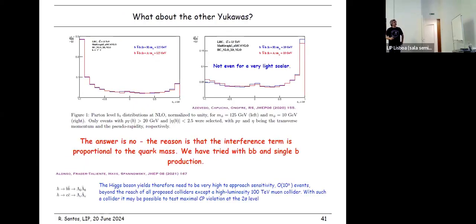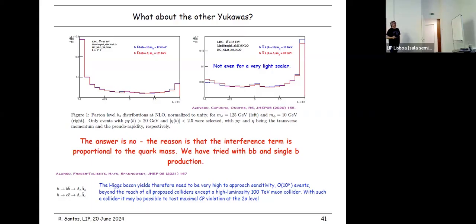Okay, so now you could ask, okay, what about the other fermions? Because from the point of view of a particle physicist, this seems very poor, right? We have done the top and we have done the tau. We still have all the others. For instance, the B. Why can't we do the B?